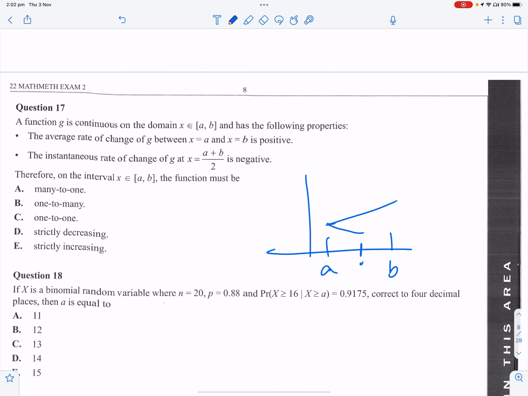So it's got to go down because that's negative, and then it's got to come back up. So it's not strictly decreasing or increasing. Many to 1. Many x values give the same y value.